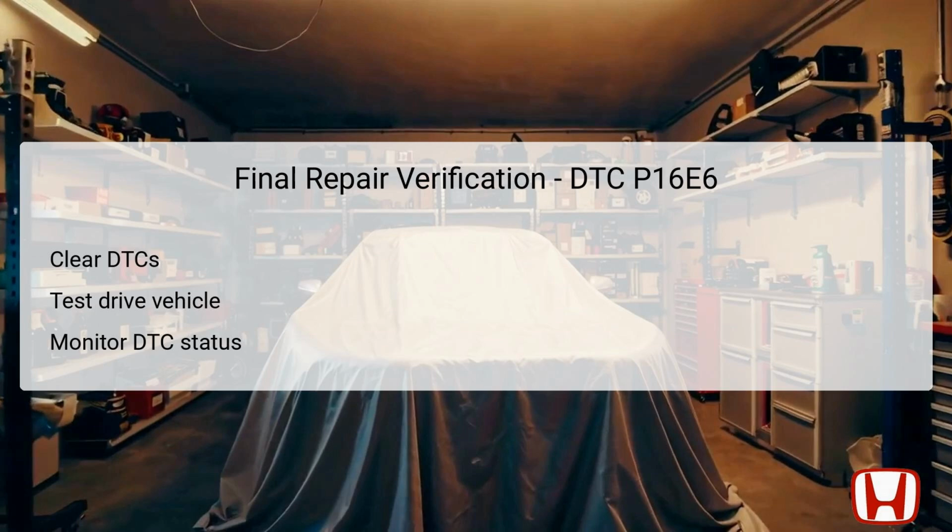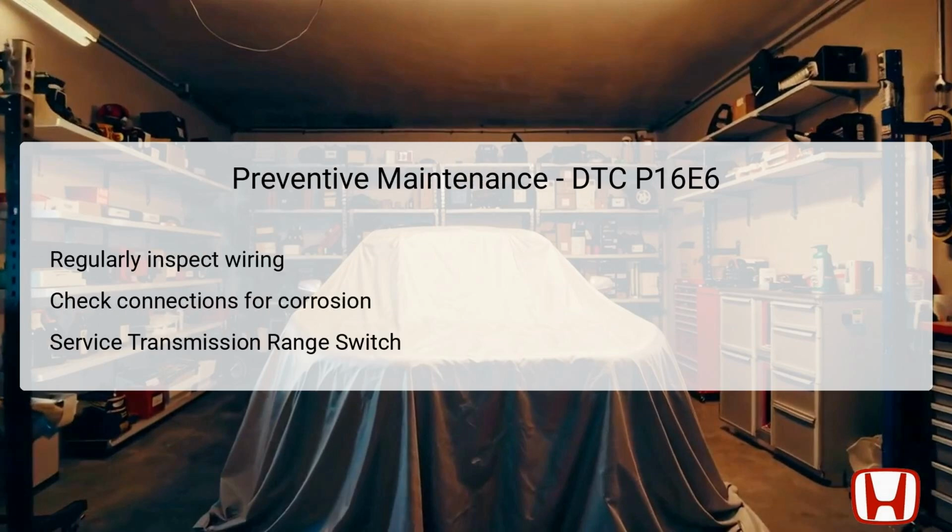A thorough individual check like this is crucial in the troubleshooting process, as it validates the performance and reliability of the repair undertaken. Preventive maintenance is paramount in maintaining the integrity of the transmission range switch and avoiding future DTC P16E6 occurrences.